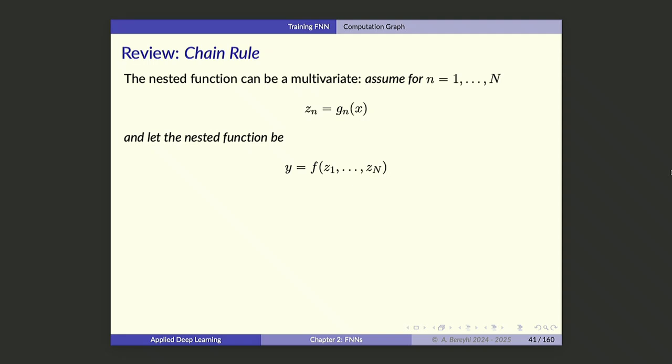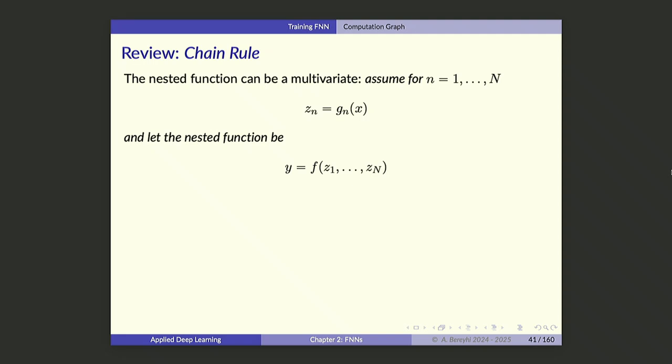And then you pass those outputs over one multivariate function f, which takes all of those values z1 to zn and computes y. Now, if I want to do the same thing we did here, how can I do it? First, let's look at the second function, the multivariate function.